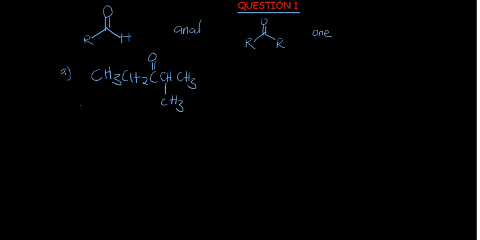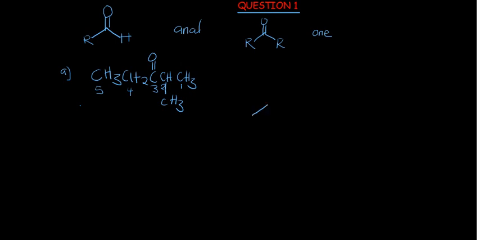For us to name this one, let's first count the longest chain of carbons. We find that it is 1, then we have a 2 there, a 3 there, carbon number 4, and carbon number 5. So we have 5 carbons.